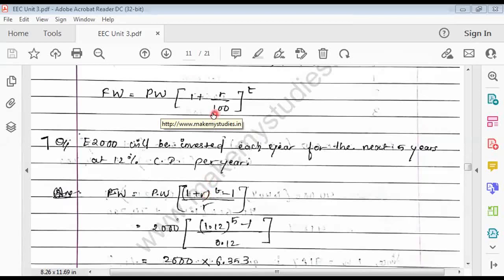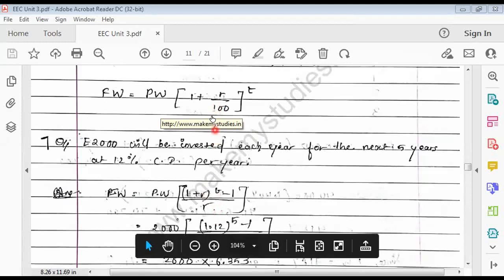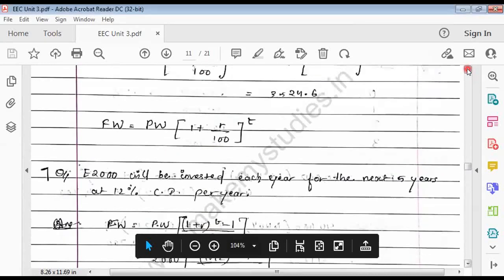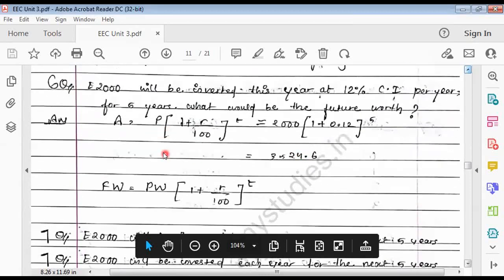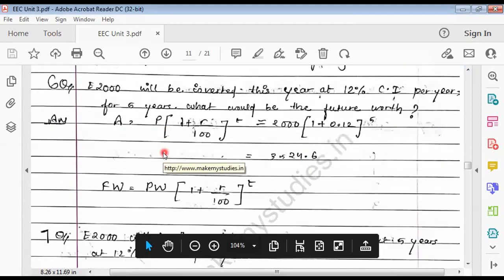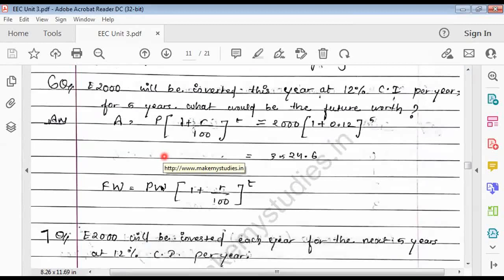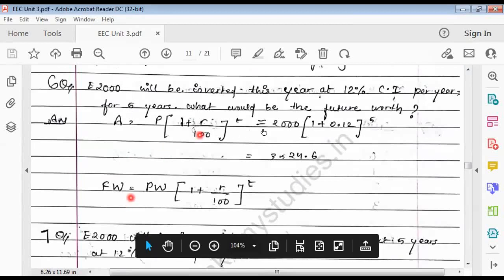So one last thing I'll say, when to use which formula, and two questions we had solved. Question number 6 and 7 we had solved. And if you remember, what is the difference between question number 6 and 7? Same data you'll find, 2000 rupees is same in both the questions, and same rate of interest 12%, same number of years, 5 years.